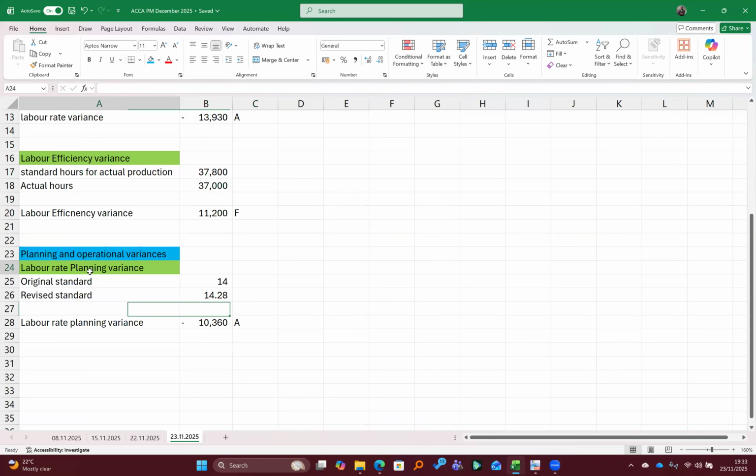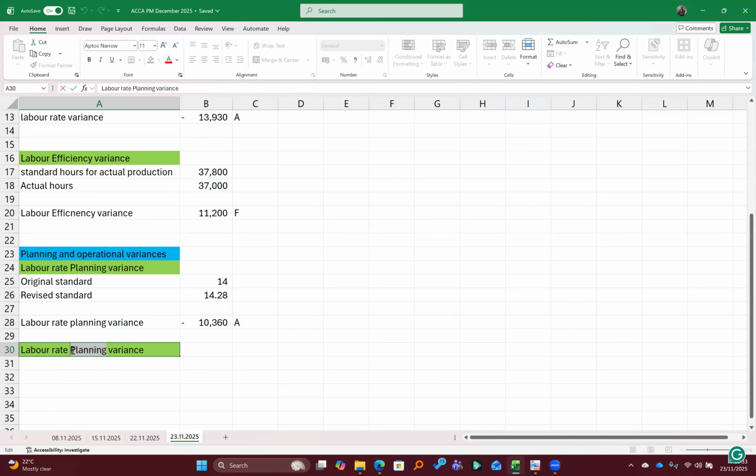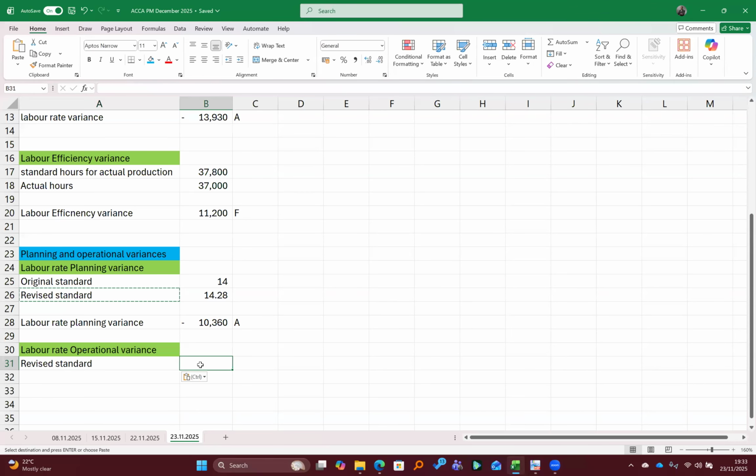Now we can have also the labor rate operational variance. So now here, it means that we are starting with the revised standard. And we are saying, okay, if it was 14.28, what was now the actual?